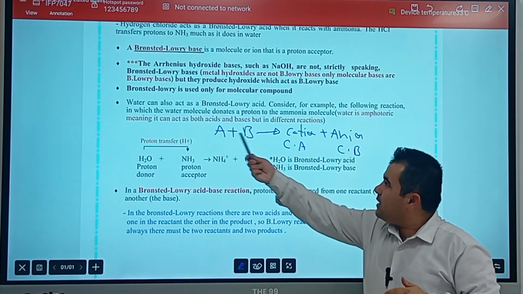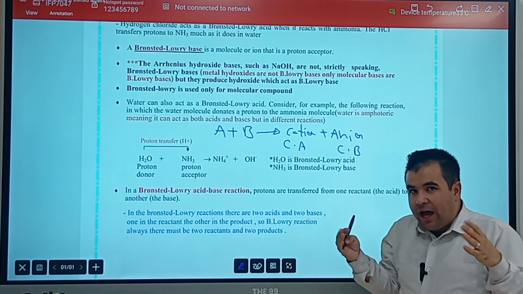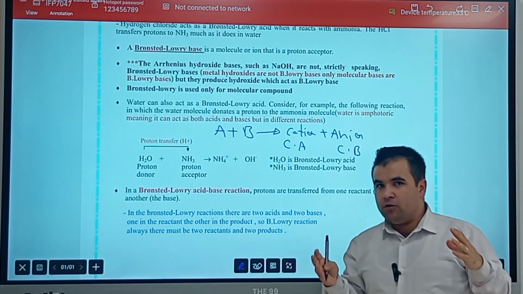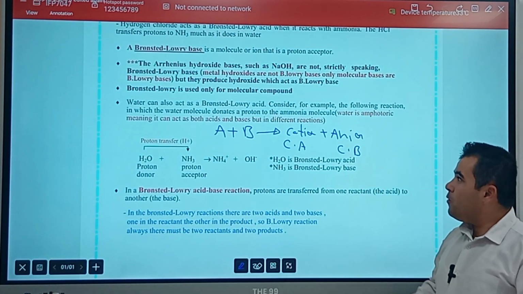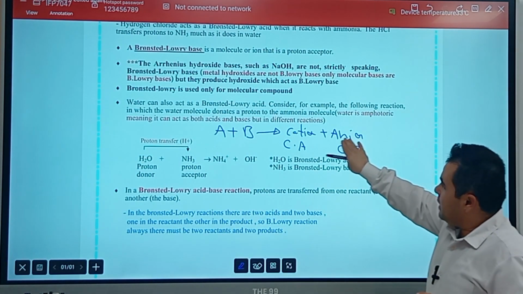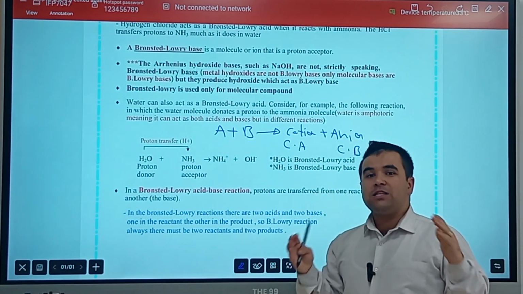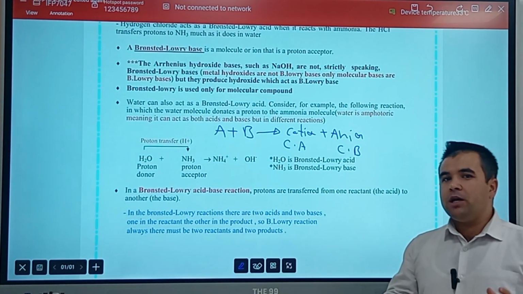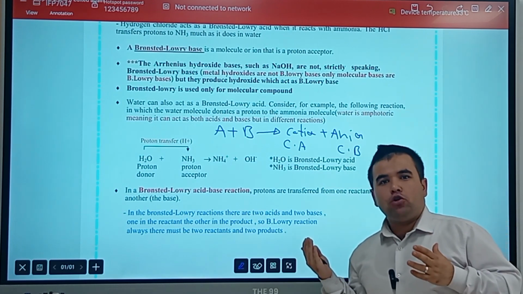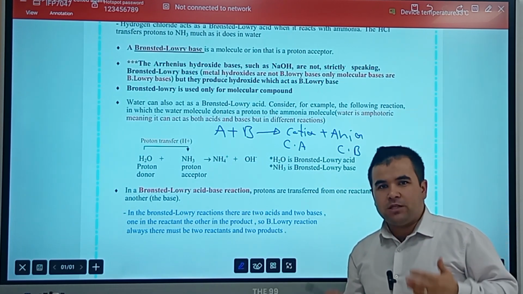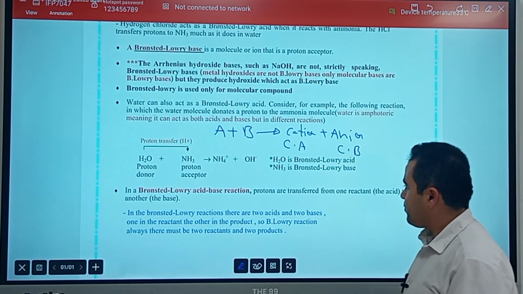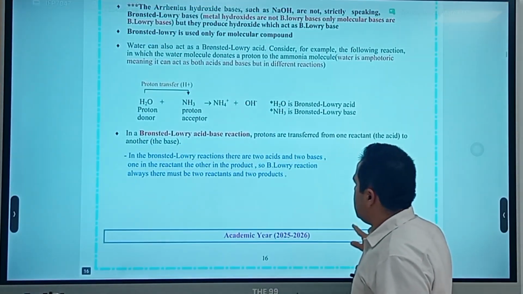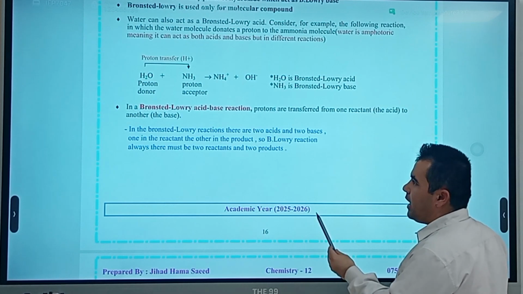So the acid and the conjugate acid are both acids. The base and the conjugate base both act as bases. Any reaction in this form is classified as a Bronsted-Lowry reaction, because such types of questions appear in the ministerial exam several times. Here we have a note, guys.